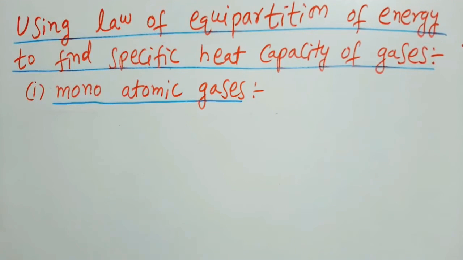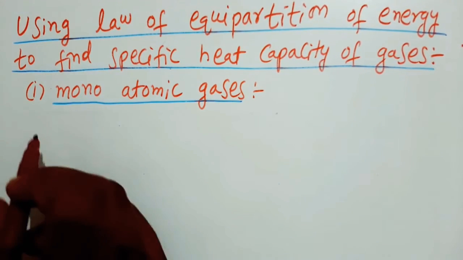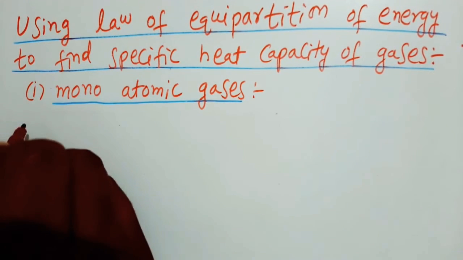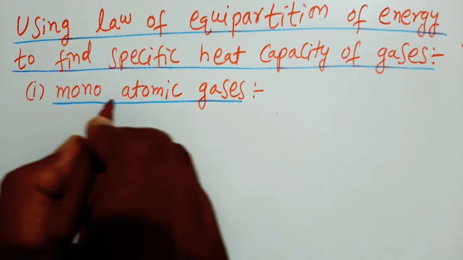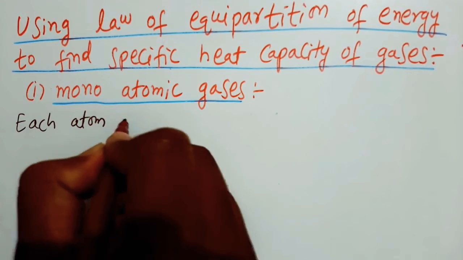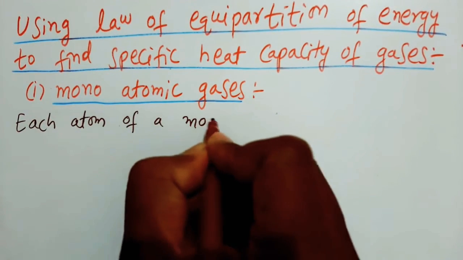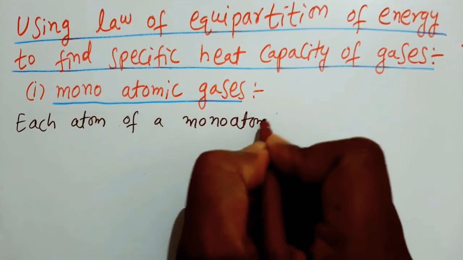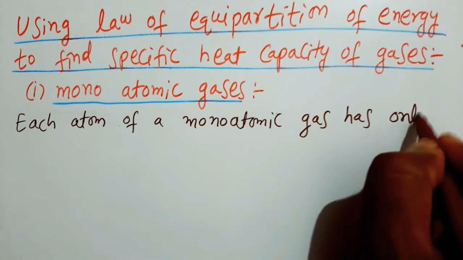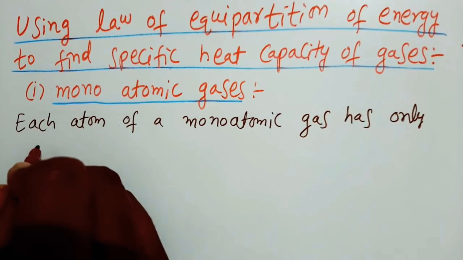Next one is using the law of equipartition of energy to find the specific heat capacity of gases. Here I am taking first the monoatomic gases. Each atom of a monoatomic gas has only 3 translational degrees of freedom.